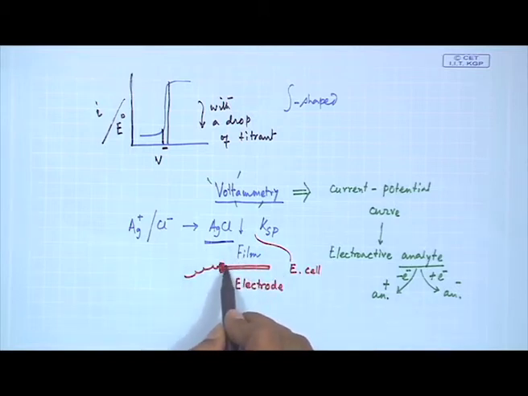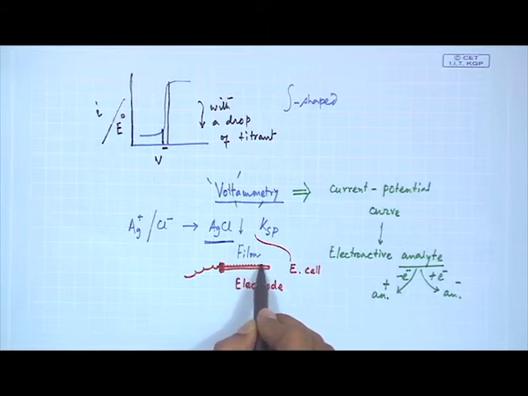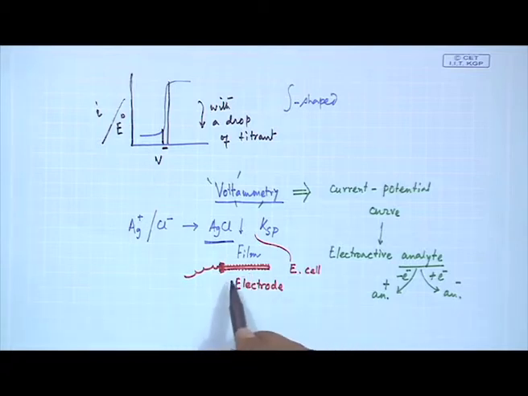So, a very thin film of these materials can be deposited. Once they are deposited as a film on this electrode, and if these are considered for the corresponding adsorption, we can study the adsorption processes as well.